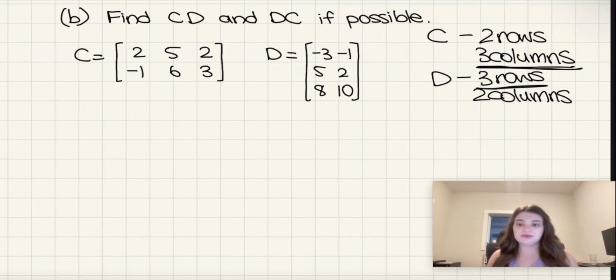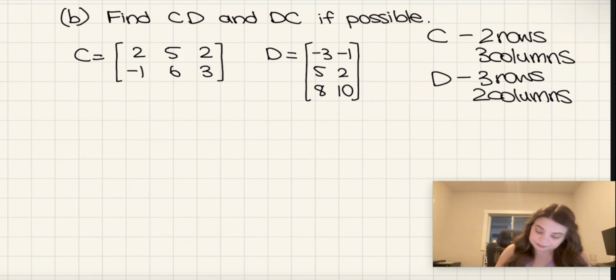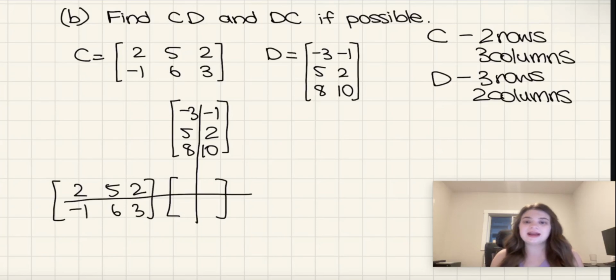Since we've determined that we can do C times D, I'm going to go ahead and figure that out. I'm going to put C here, actually a little bit lower to give myself more room. And notice we're going to end up with a 2 by 2 matrix as a result.